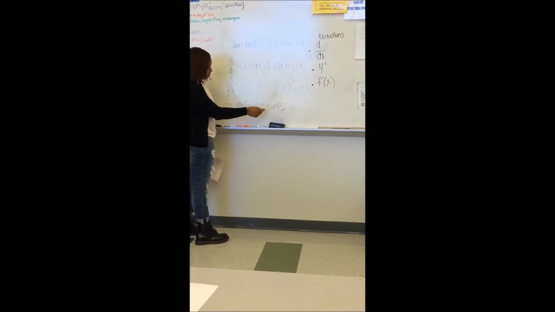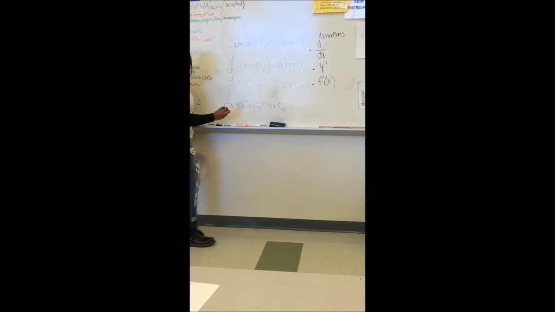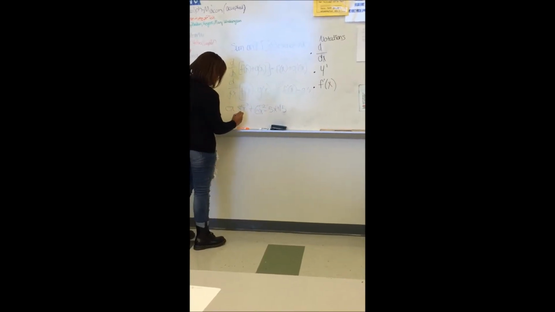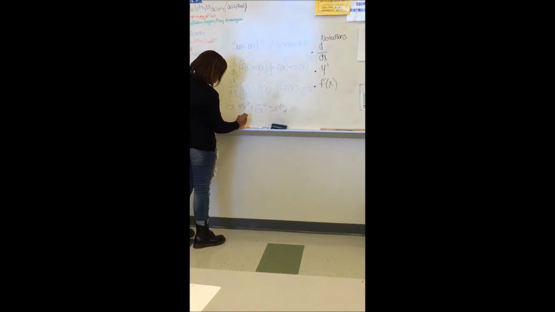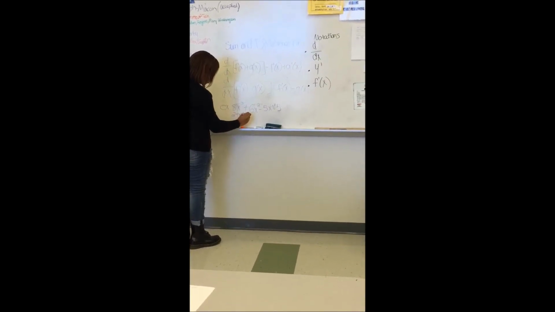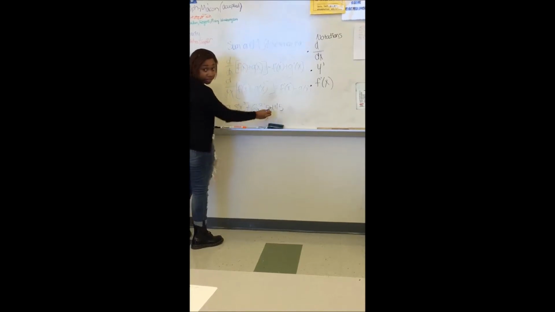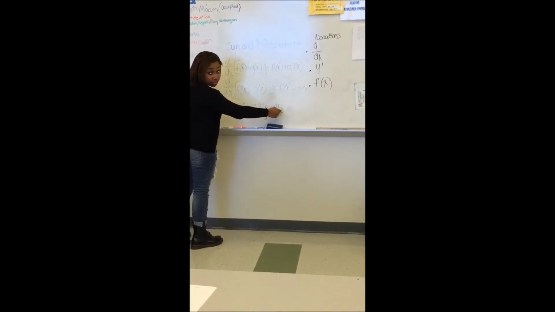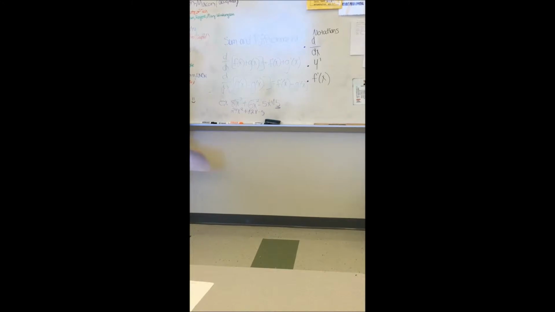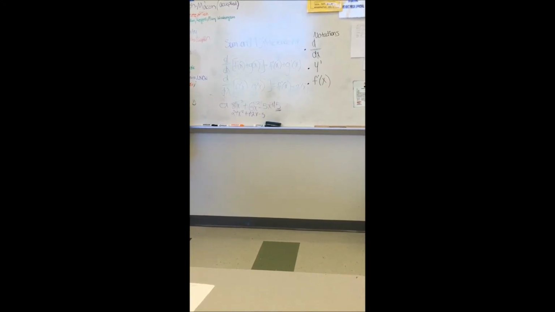So you have no x's left. Okay. So this is going to be, and here you have another constant, and it just becomes 0, so you don't even need to write it.